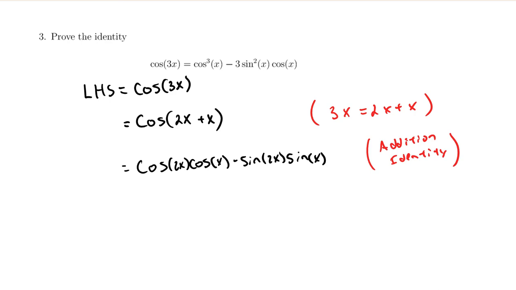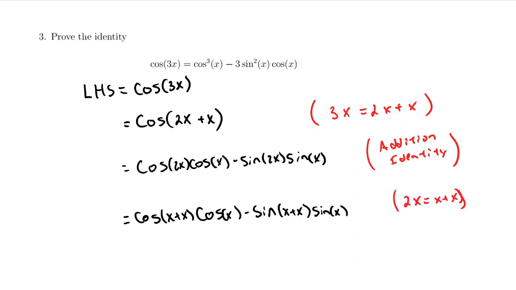Now, I can then take it a step further. I don't want anything with 2x's in my final answer. And at this point, my students don't know the double angle identities, although they're really just a consequence of these addition subtraction formulas. So I can then use my same trick and rewrite 2x as x plus x.